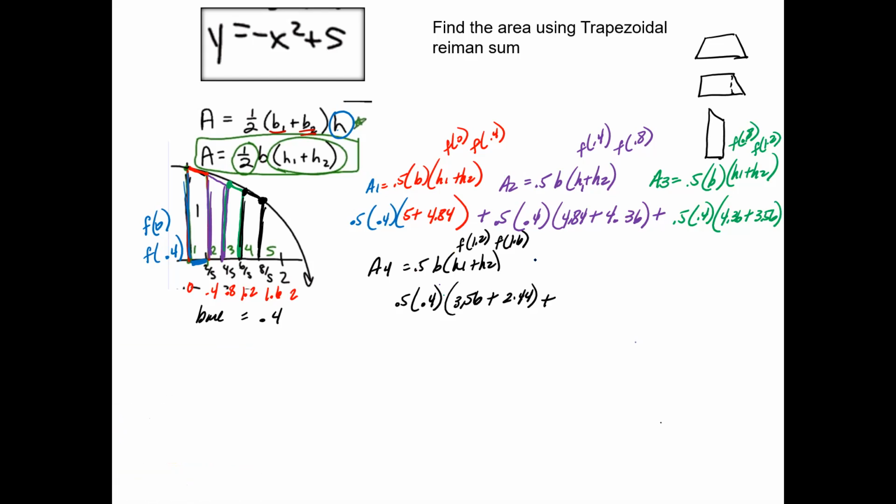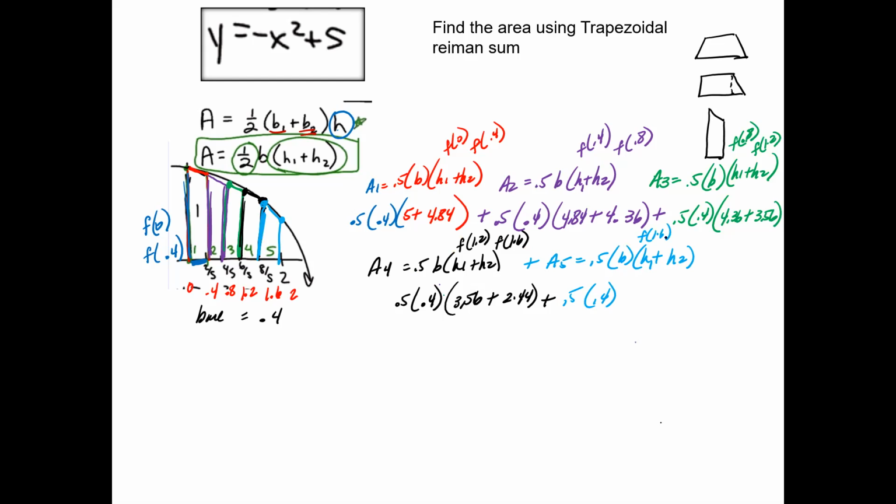We're going to add the fifth area, which is 0.5 times base times height 1 plus height 2. So that's a 0.5 times the base, which is a 0.4. Height 1, so let's draw my trapezoid. So there we go. My height 1 is going to be f of 1.6.